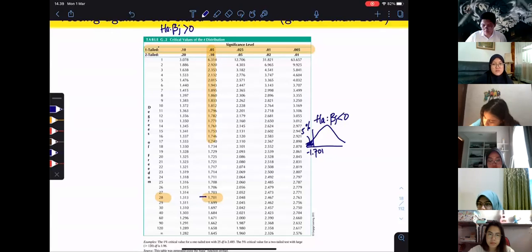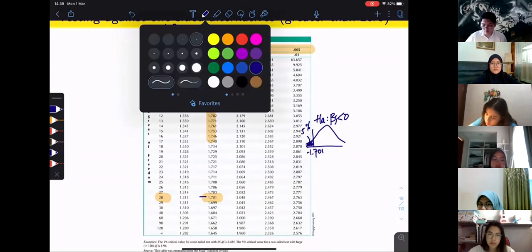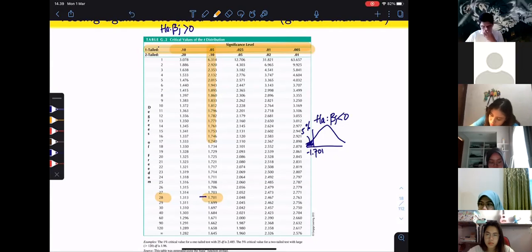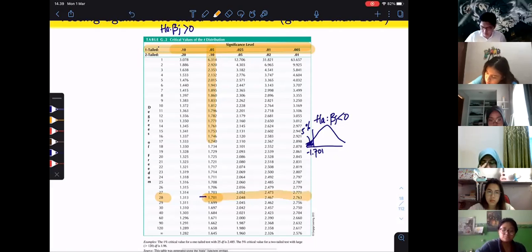Just one point, I guess. As you go from the left to the right, the significance level actually decreases. At the same time, as the significance level decreases, the critical value actually increases.